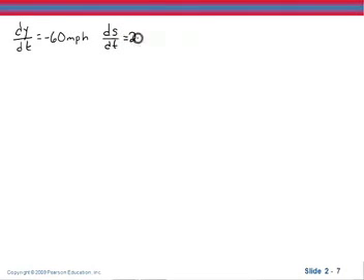Now let's summarize again what we know. We know that the change of y with respect to t is negative 60 miles per hour. We know that the change of s, which is the distance between the cars, with respect to time is 20 miles per hour.